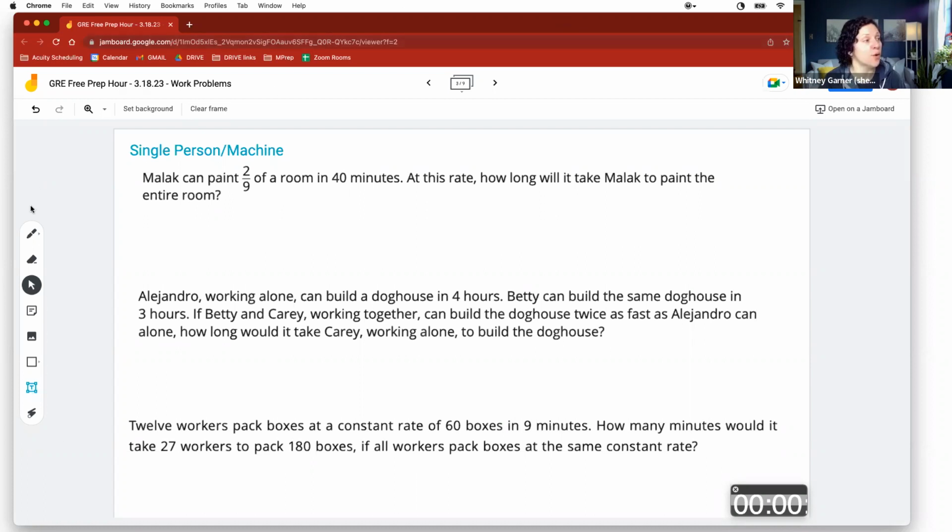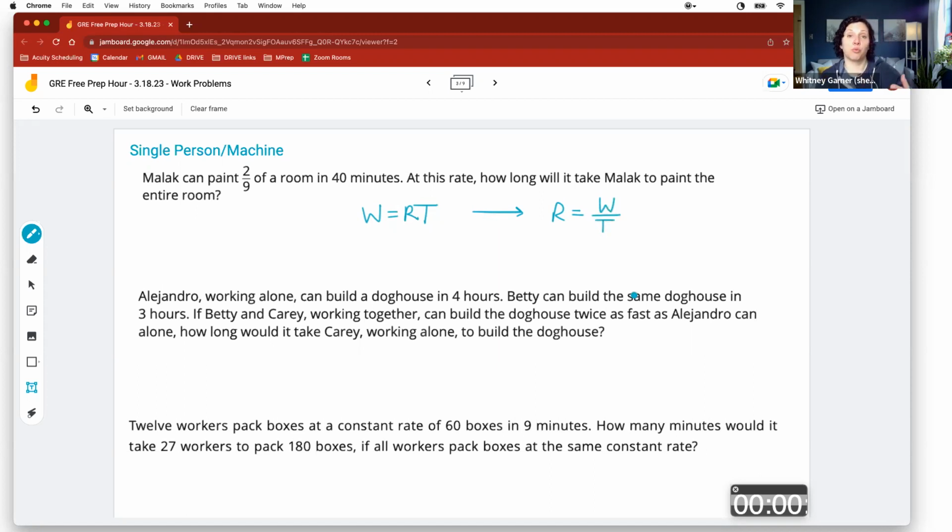Okay. So when we have a single person or machine, we are going to use the form work equals rate times time. Or we'll recognize that by rearranging this, a rate is equal to, divide both sides by time, an amount of work over an amount of time.